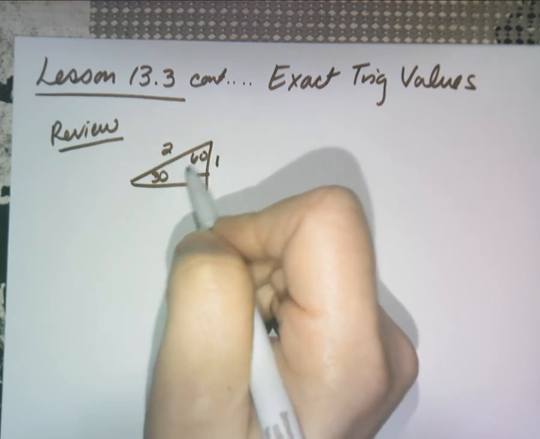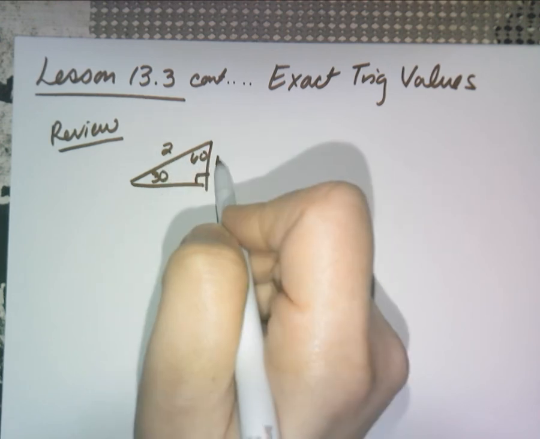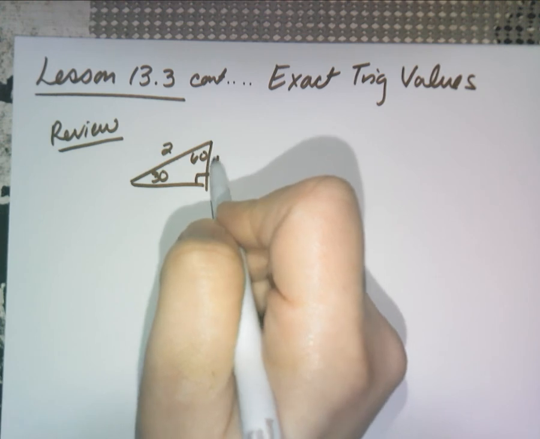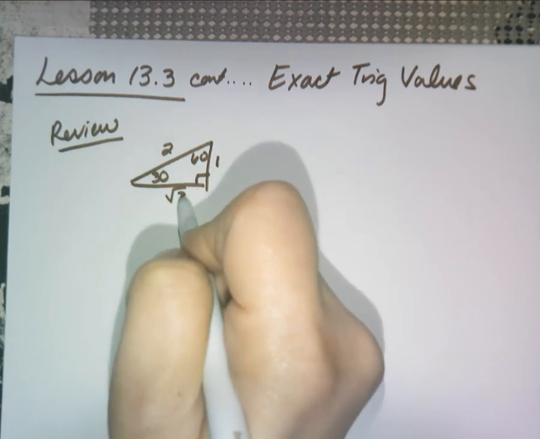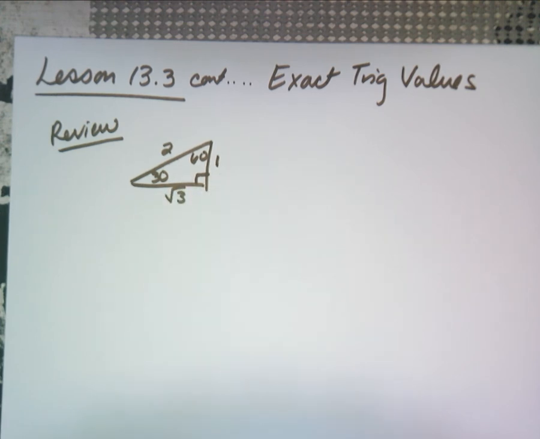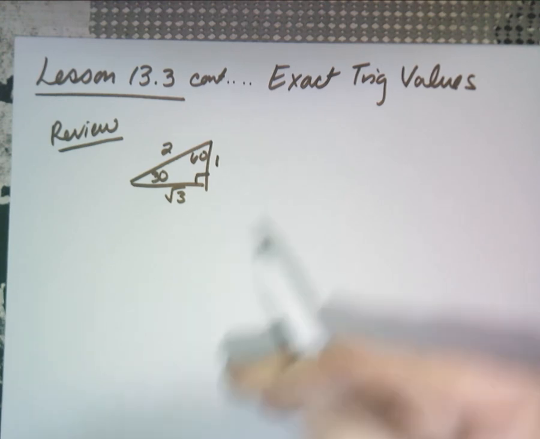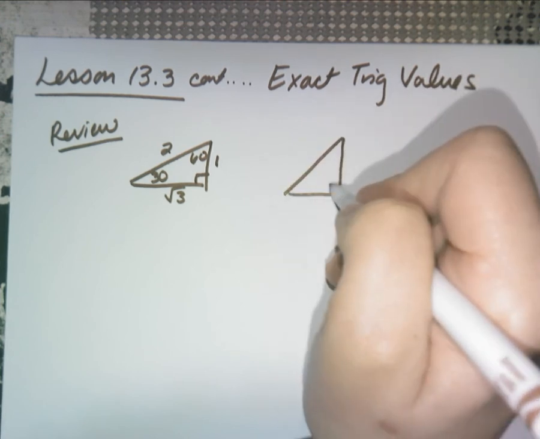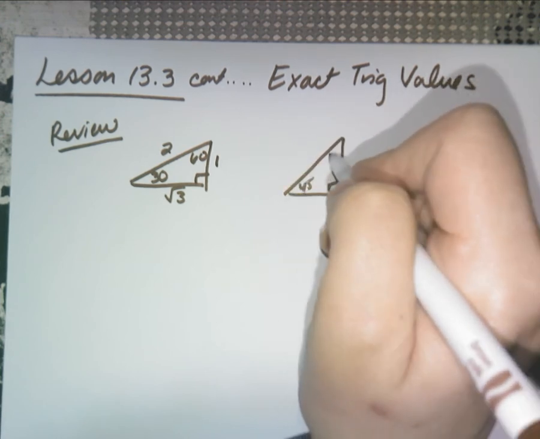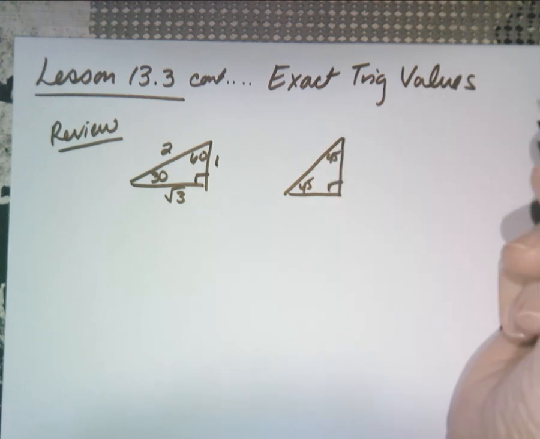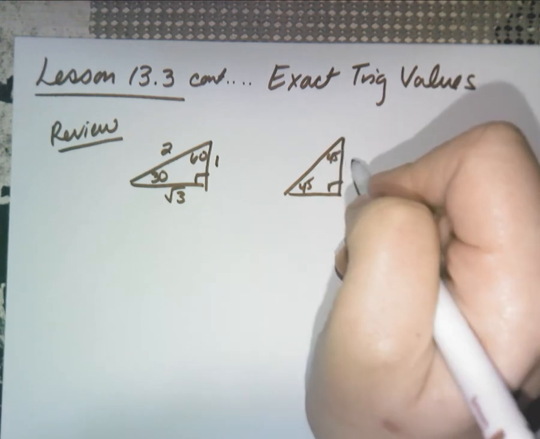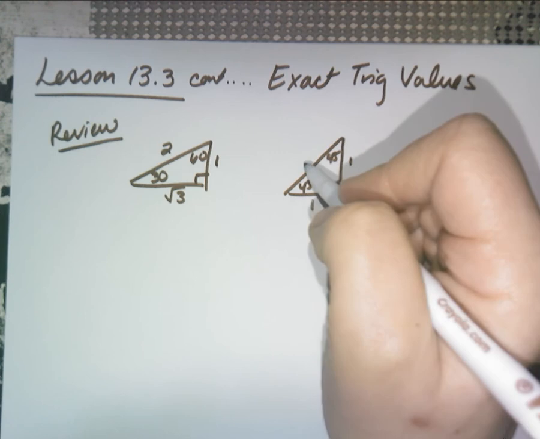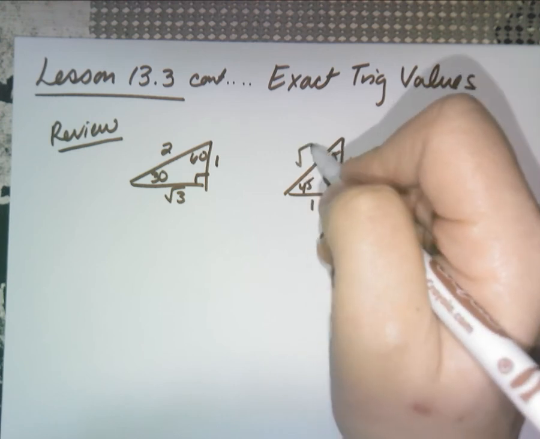Opposite the 60 degrees would be the short leg times root 3, so we're just going to write it as root 3. Does that look familiar? It's actually on the SATs at the beginning in the formulas section. And then there's another right triangle called the 45, 45, 90. If the legs are 1 and 1, then the hypotenuse would be root 2.